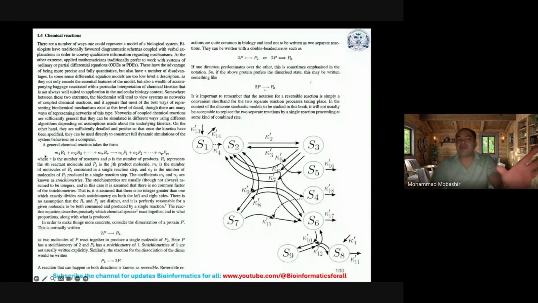So here, there is a general chemical reaction. For example, M1 R1, M2 R2, MR RR, and then the products. These are reactants. Before the arrow, they are reactants, and after the arrow, they are products. Where R is the number of reactants, P is the number of products, and capital Ri represents the ith reactant molecule. Capital Pj is the jth product molecule, and Mi is the number of molecules.